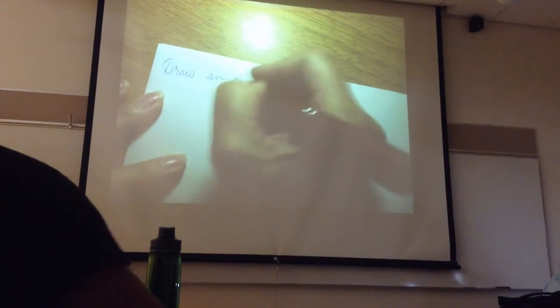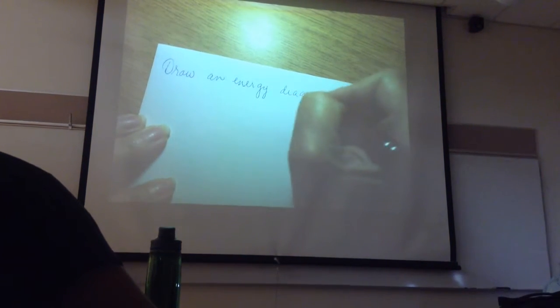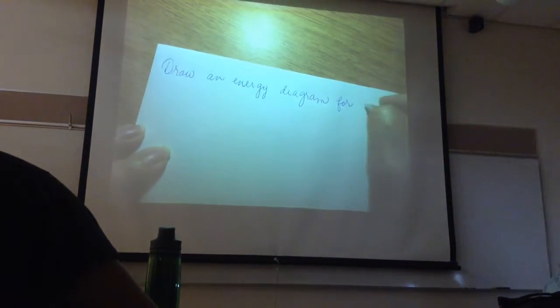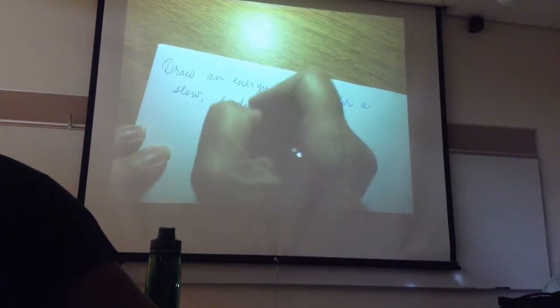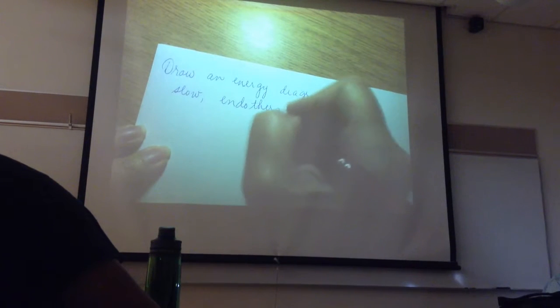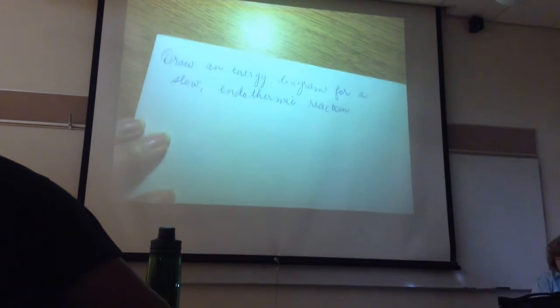I'm asking you to draw an energy diagram for a slow endothermic reaction. So what do these terms mean to you?